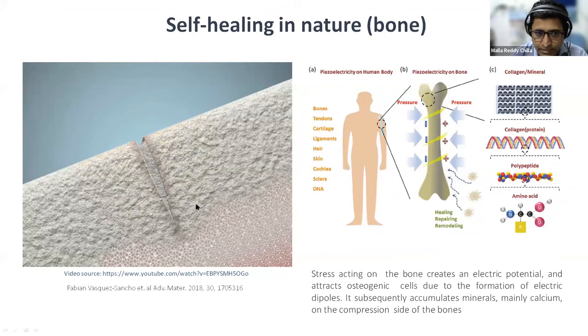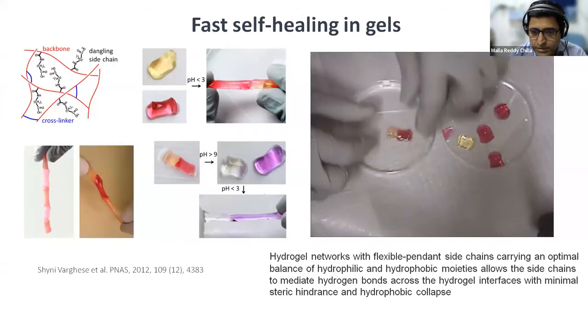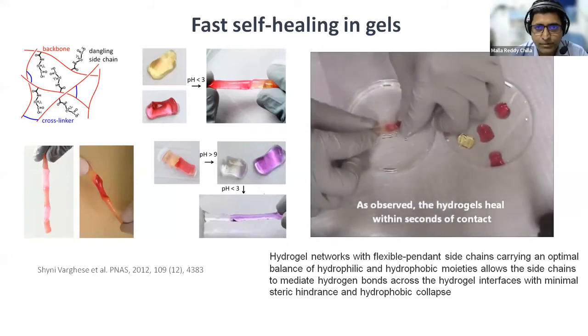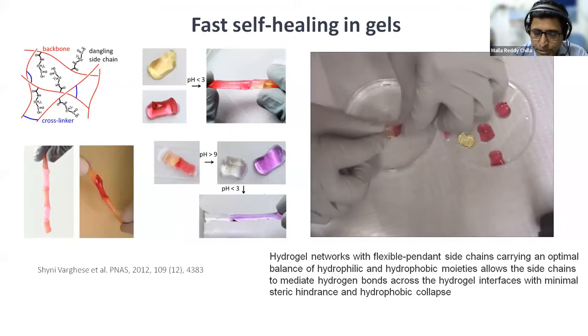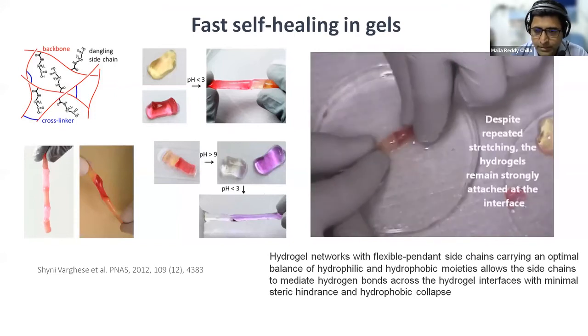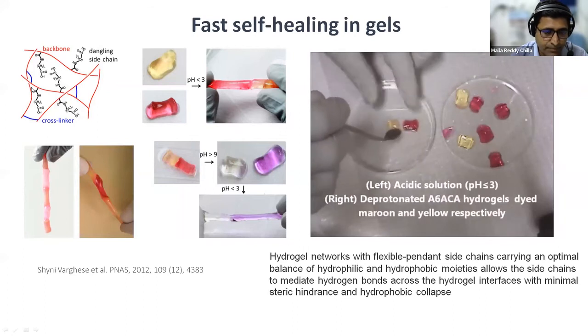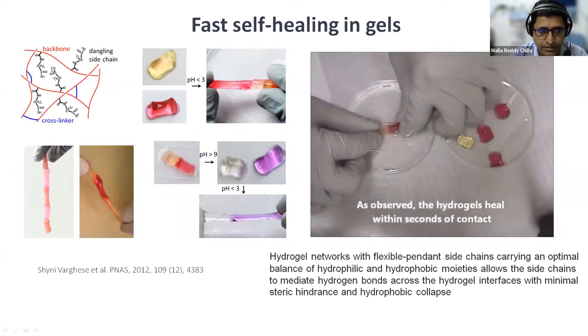So this is actually self-healing, but this mechanism is different from other mechanisms. There are a range of mechanisms in soft materials. For example, in gels, there are many gels now which have been shown to show self-healing. For example, here, this is a gel of a polymer, and it has hydrogen bonding side chains.